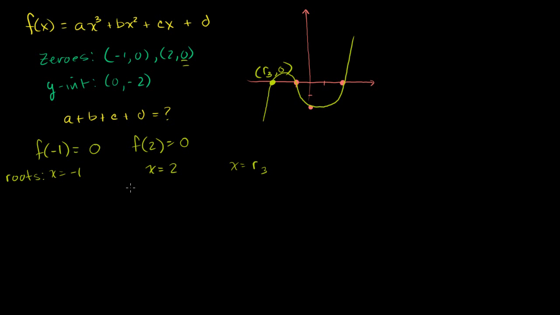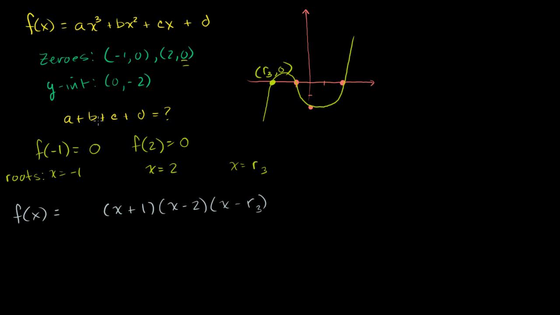Now, if we have a third degree polynomial where these 3 x values make it 0, we can rewrite this third degree polynomial as, I'll do it in a slightly different color, f of x is equal to x plus 1, and you'll see why I'm doing x plus 1 instead of x minus 1 in a second, x plus 1 times x minus 2 times x minus r3.